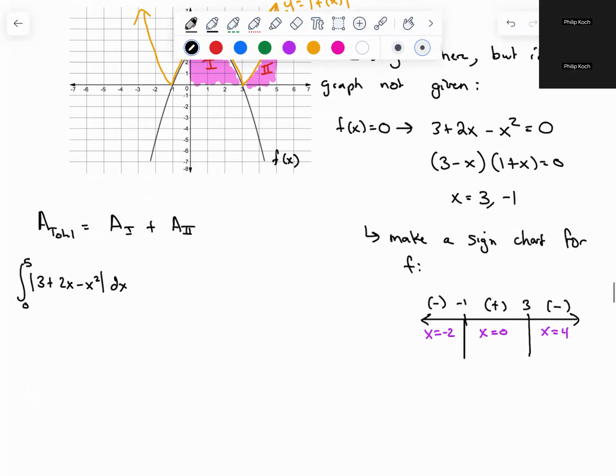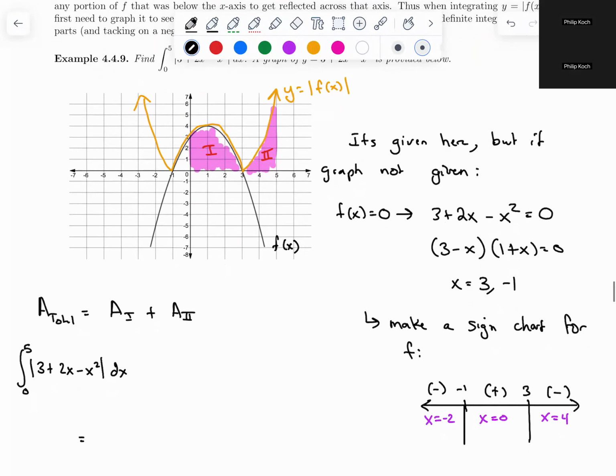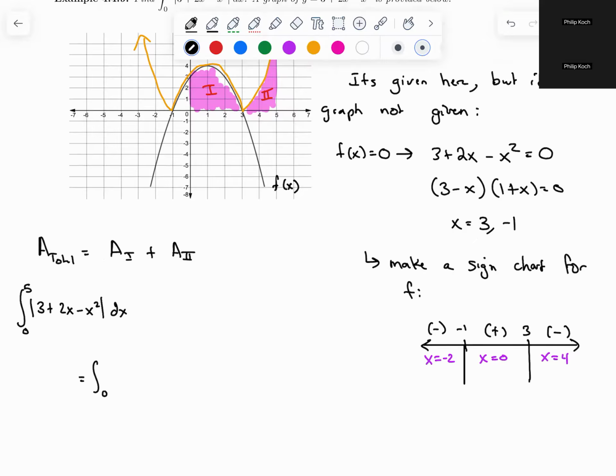So the area of the first piece, from 0 to 3, we are positive, so our function and our absolute value function coincide. So this will be the integral from 0 to 3 of 3 plus 2x minus x squared dx, plus the integral from 3 to 5 of negative the quantity 3 plus 2x minus x squared dx.